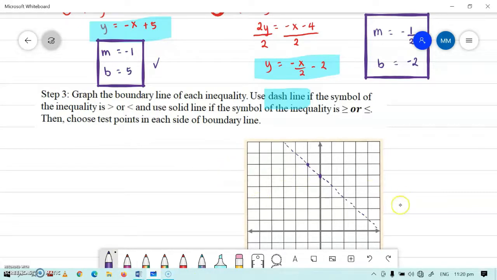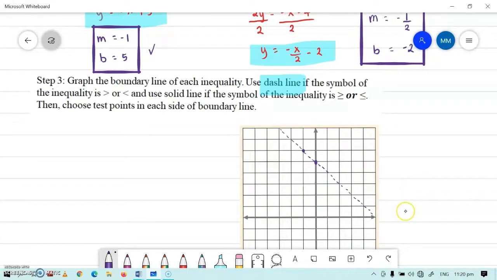Now that we are done with the boundary line for the first inequality, we need to identify test points. There should be 2 test points and they should be located on opposite sides of the boundary line. For this side of our boundary line, we can use any point.